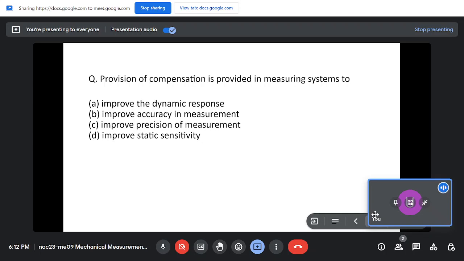The next question is, a provision of compensation is provided in a measuring system to: A, improve the dynamic response, B, improve accuracy in measurement, C, improve precision of measurement, D, improve static sensitivity.